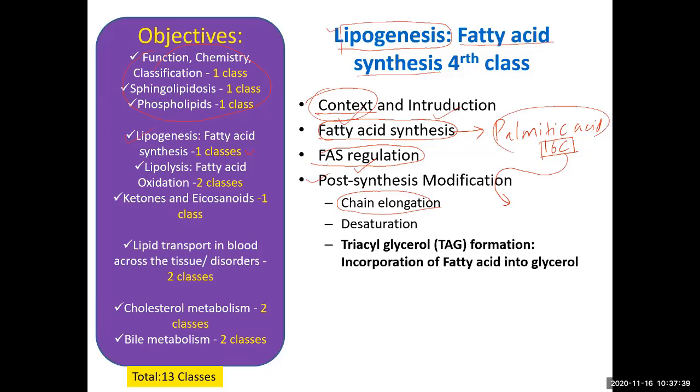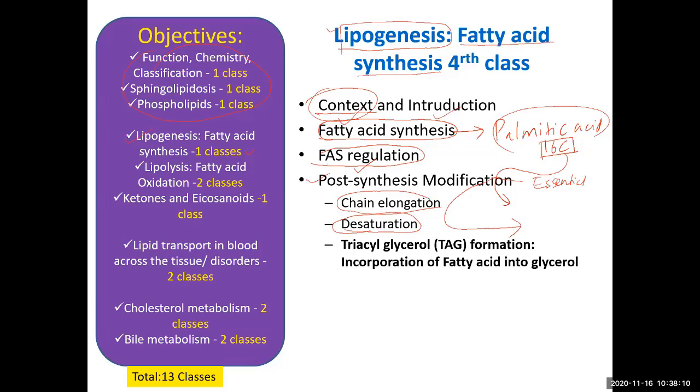Our body also requires unsaturated fatty acids, which are synthesized through a few enzymes, 4 enzymes, called desaturase enzymes. From palmitic acid, desaturation happens, and there is also something called essential fatty acid. From this desaturation we get unsaturated fatty acid.